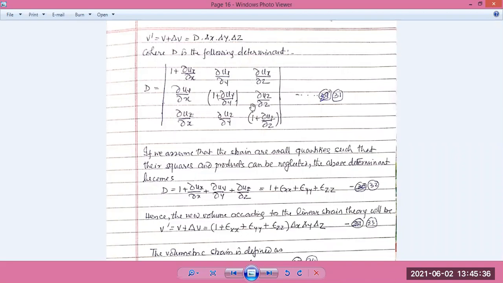So what we have done here is calculate the change in the individual angle and the change in the individual side due to the change in volume, and we have made a matrix with these newly defined changes, and this matrix we are defining as the determinant D. Thus, it is assumed that all the strains are small, such that the squares and products can be neglected.